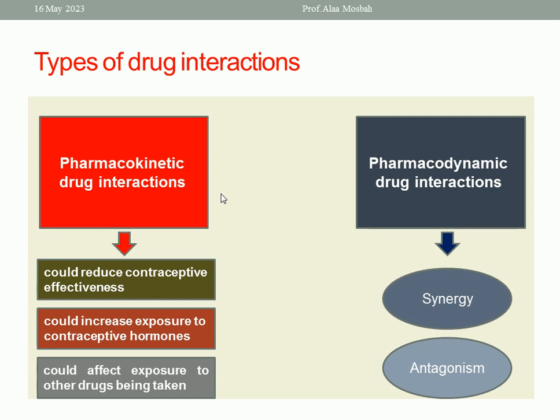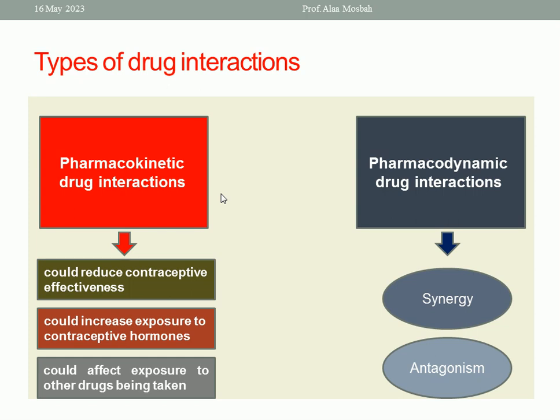Okay, so we can find pharmacokinetic drug interaction in women taking hormonal contraception. What is the effect? We will see. It could reduce contraceptive effectiveness, so increasing the failure rate of this method of contraception.